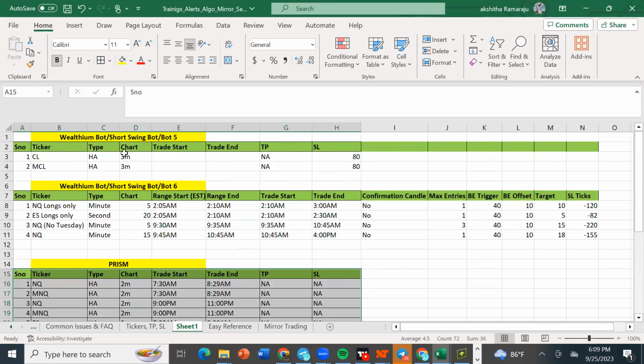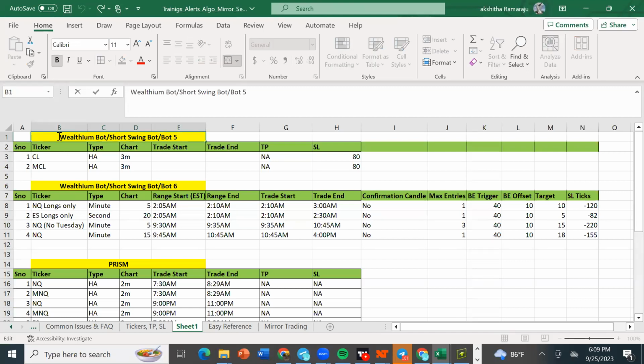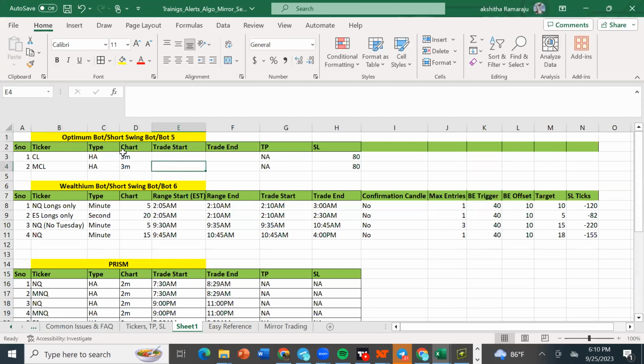So let's talk about the new bots first. The first one is this Optimum bot, which is mainly a day trading or short swing bot, mainly for crude oil and micro crude oil.